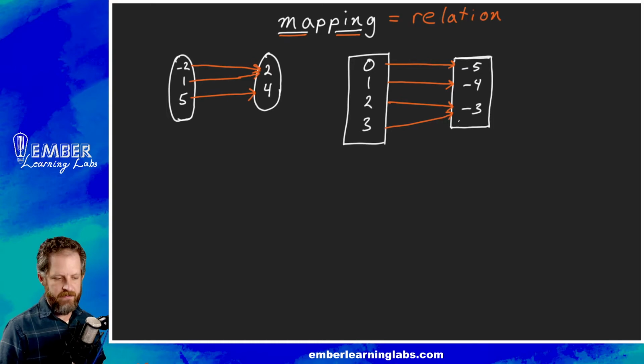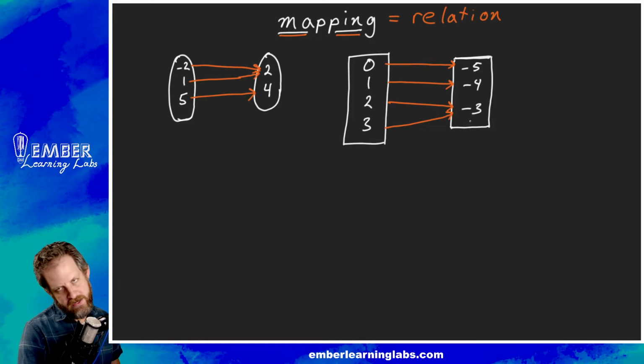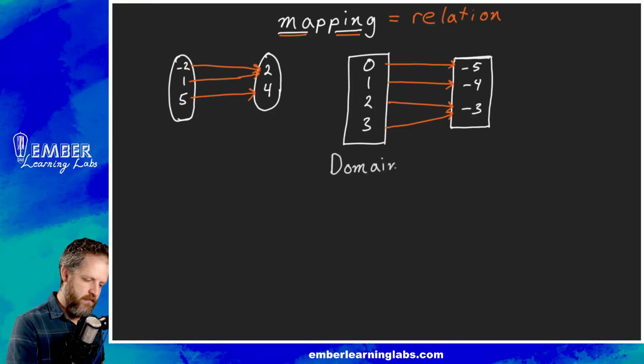On this left side, we're mapping these, and they're pointing to these other ones. What we call this left-hand side, we say that these are the domain of this relation. And over here on the right-hand side, this is the range of this relation.